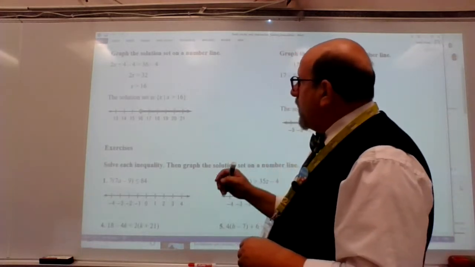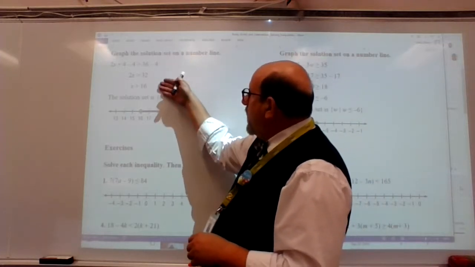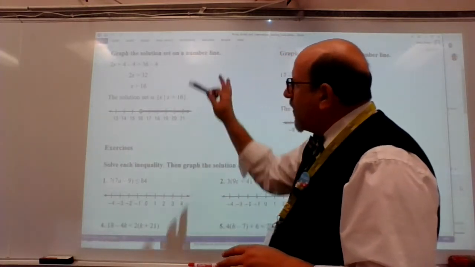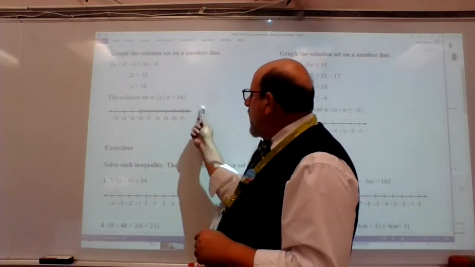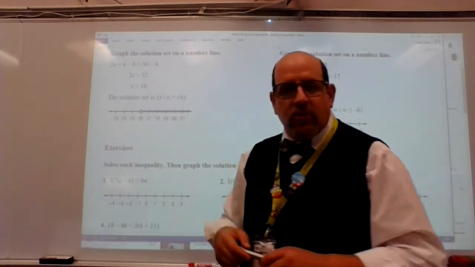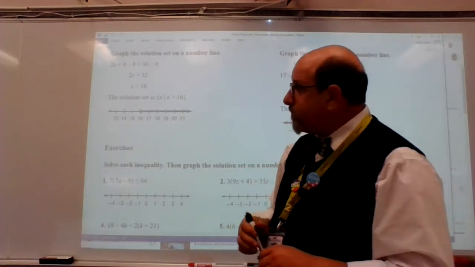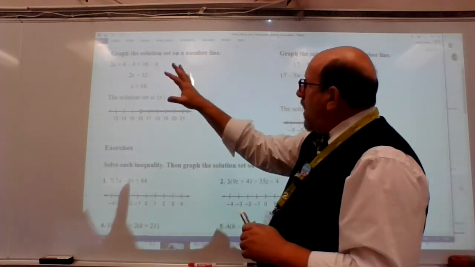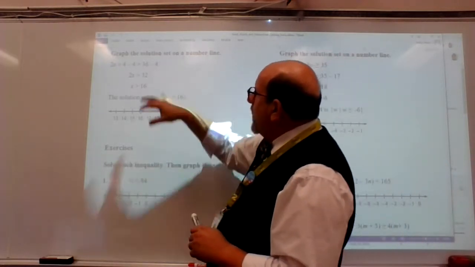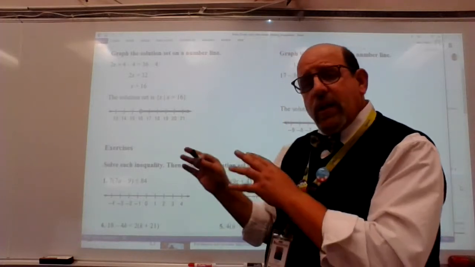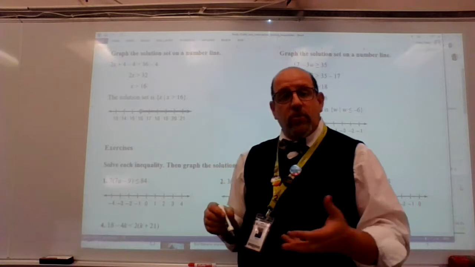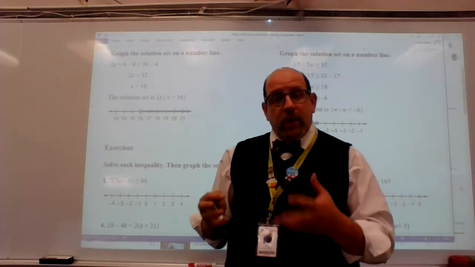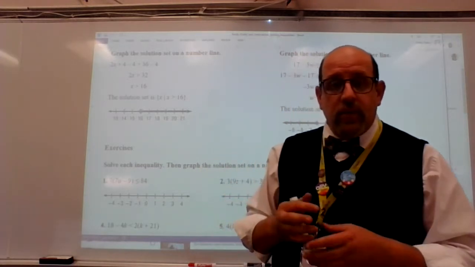The only thing about inequalities is once you're finished solving an inequality, and I don't like the way they do that, and they skip steps in there, it's the graphing piece that we'll talk about later on. I'll show you what they do here, and then I'll show you what I'd like to see you do, and what most of you have already done on a regular basis in my class.